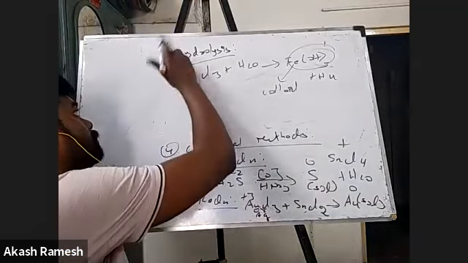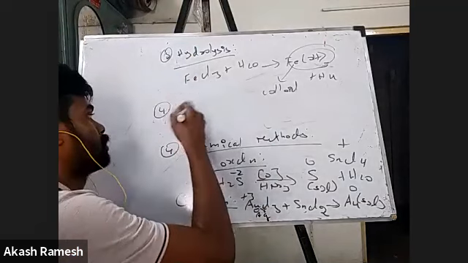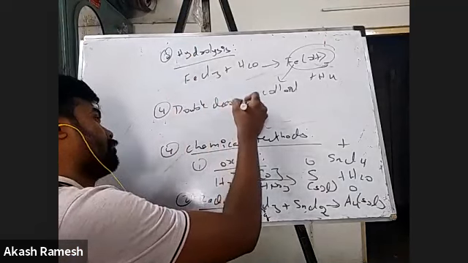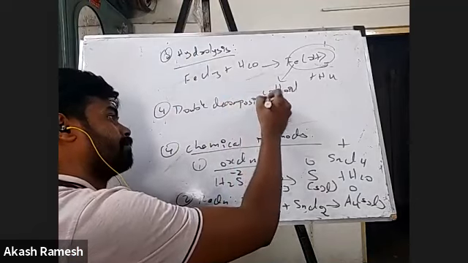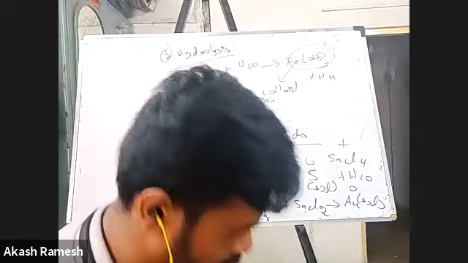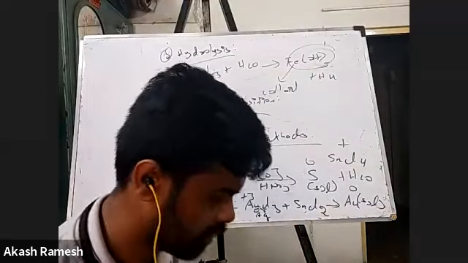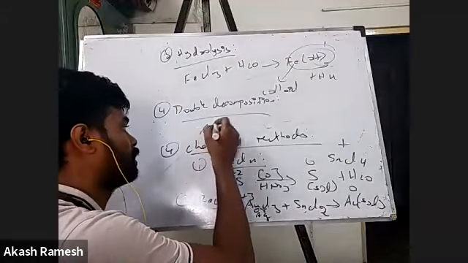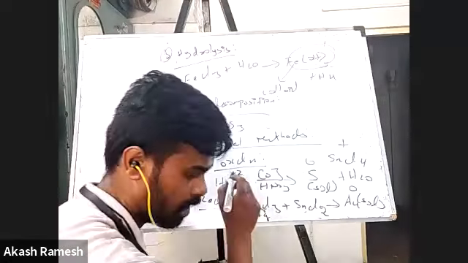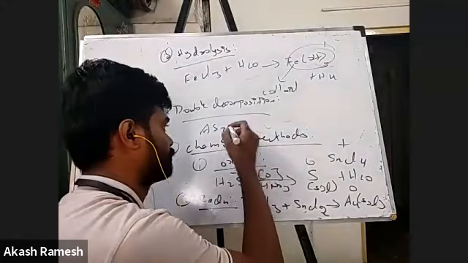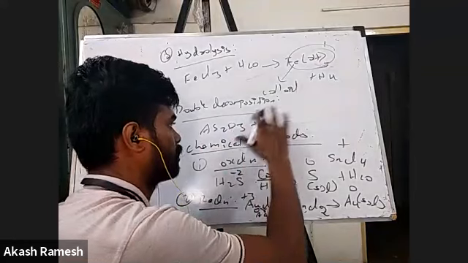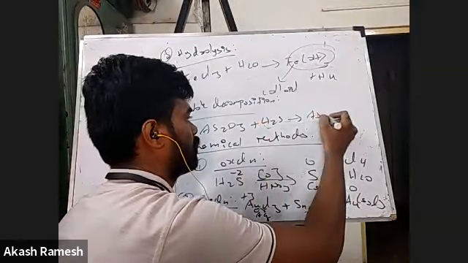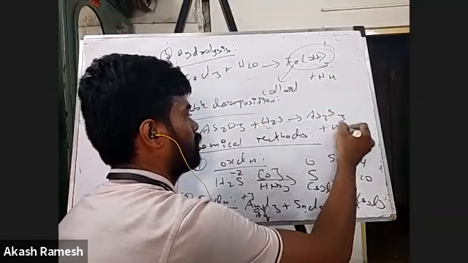Fourth is double decomposition, or I would even call it double displacement to some extent. An example can be As2O3 plus H2S gives As2S3 plus H2O.